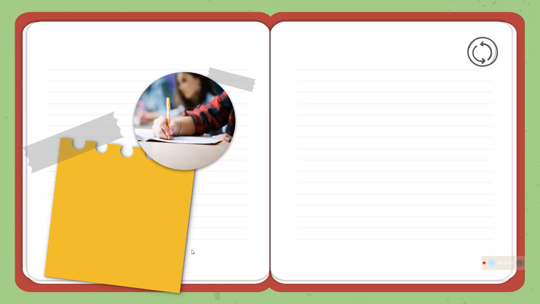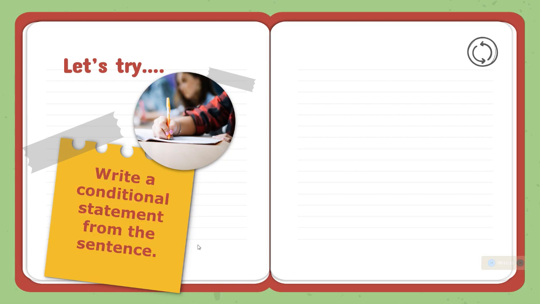Okay, if you don't have a question, let us try this. You are going to write a conditional statement from the sentence. I have here, a rectangle has four right angles. What will be the if-then form or the conditional statement of this?